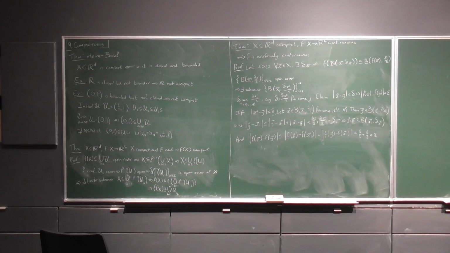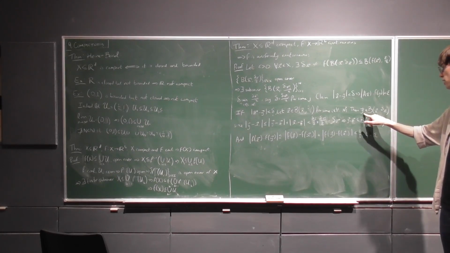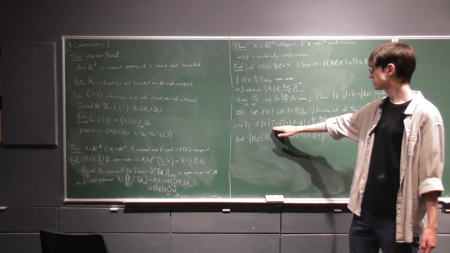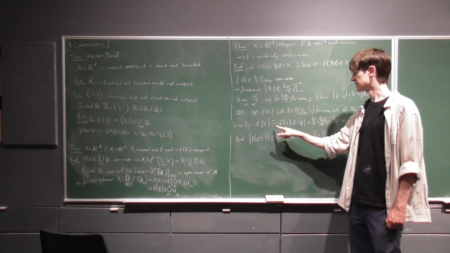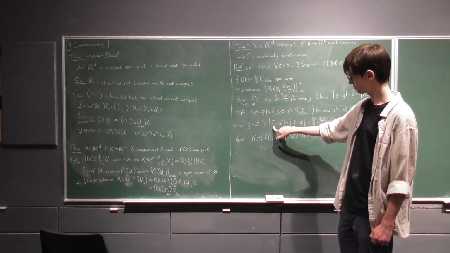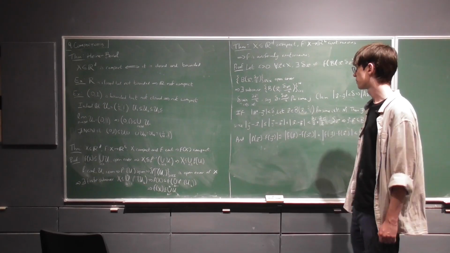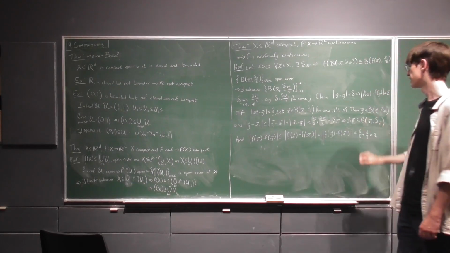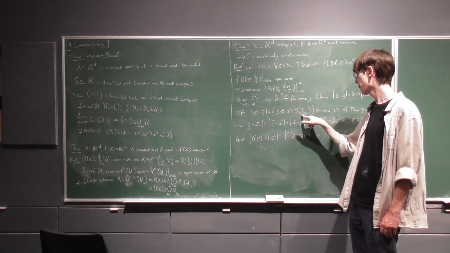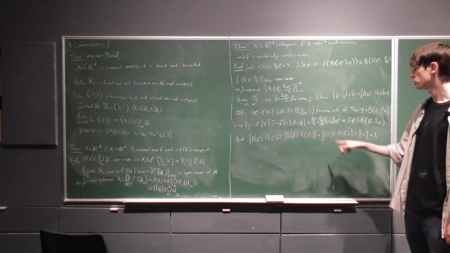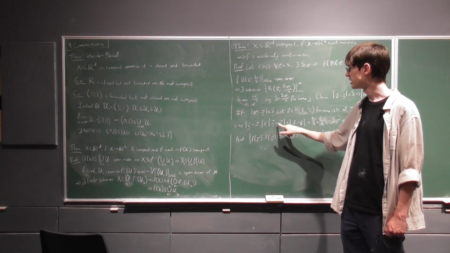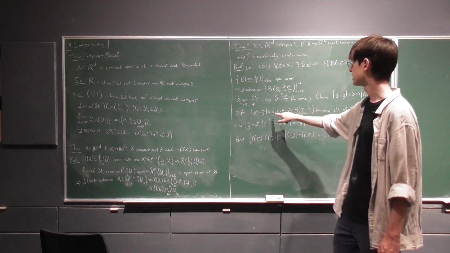If we look at any point y, the distance between y and the center of the ball xi, we have the triangle inequality employed here. This is less than or equal to the distance between y and z plus the distance between the center of the ball and z. The center of the ball and z we know are strictly within delta xi over 2 of each other, and y and z are within a delta of each other, and delta is the minimum of all of these.